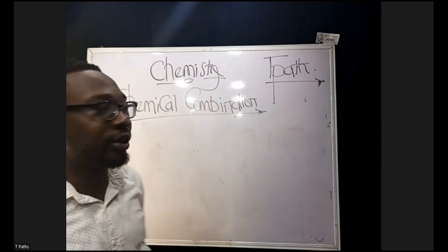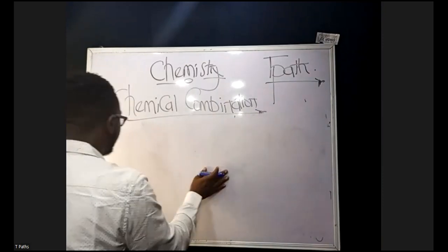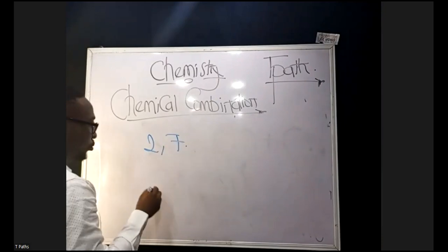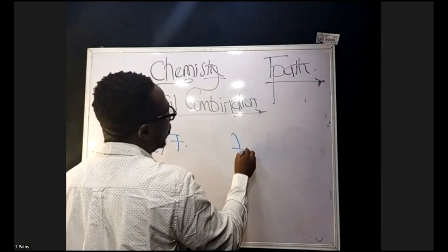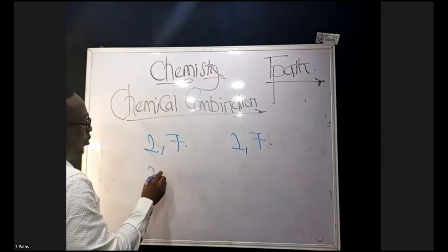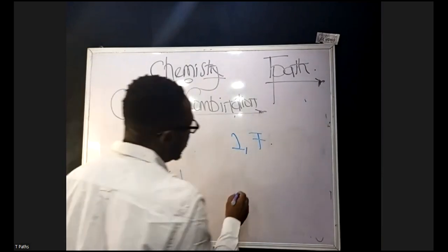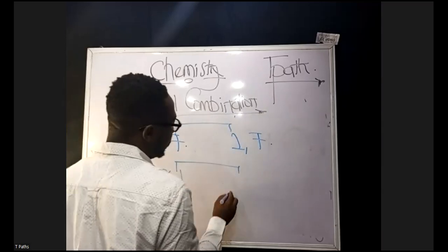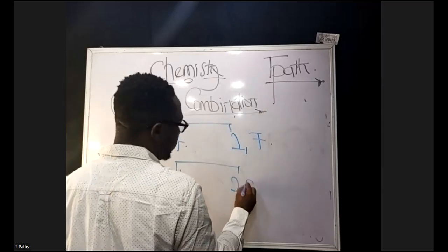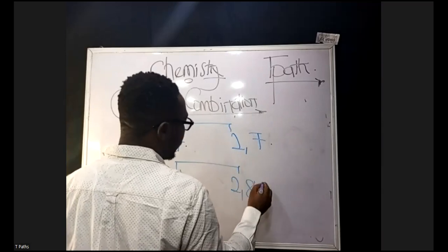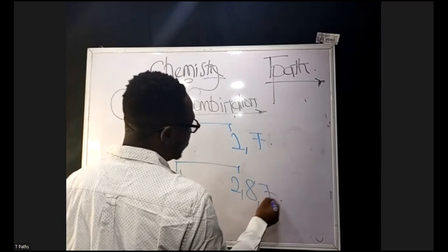Let's look up, guys. Let's consider a non-metal, 2,7. And another one, 2,7. And another one, 2,8,1. This is bonding with this one, and this is bonding with 2,8,7.